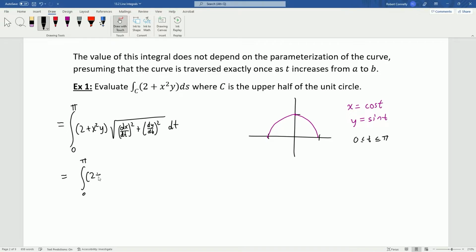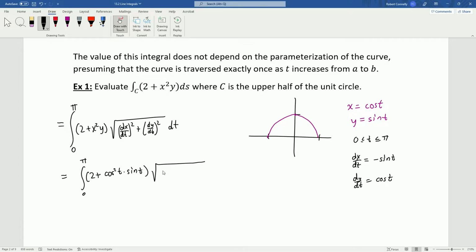So this gives us 2 plus, now for x squared, that's going to give us cosine squared of t, times y, but y here is sine of t. Now we need to know what dx/dt and dy/dt are, but those are pretty simple derivatives. dx/dt is going to be negative sine of t, and dy/dt is going to be cosine of t.